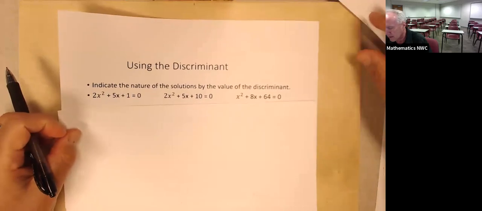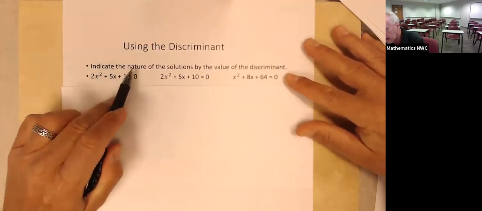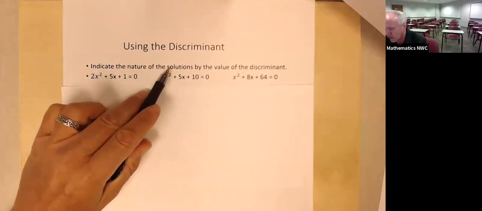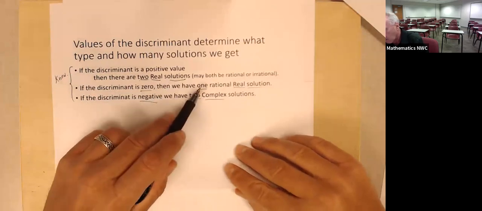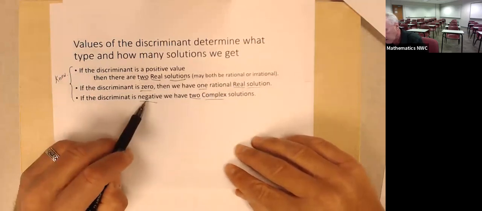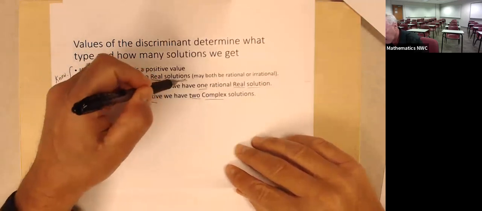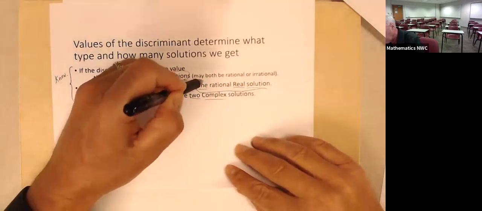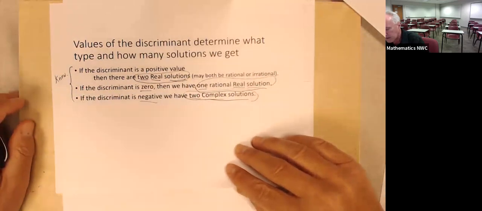For our last slide here, got kind of a short lesson today. We would like to indicate the nature of the solutions. What I mean by that nature is this, going back to here: 2 real solutions, 1 real solution, 2 complex solutions. 2 real, 1 real, 2 complex.